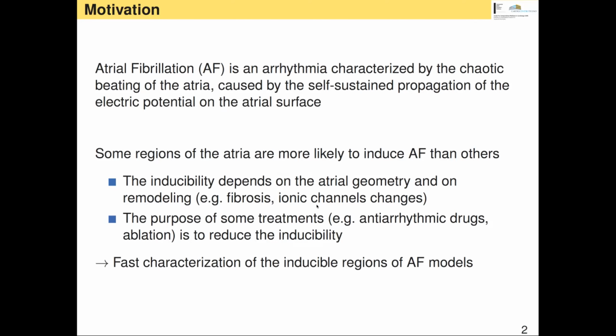It can also be affected by some treatments, like antiarrhythmic drugs or ablation, that have the purpose of reducing the inducibility. For these reasons, it is important to be able to determine the inducibility of various models. And this motivates the interest in the fast characterization of the inducible regions of atrial fibrillation models.